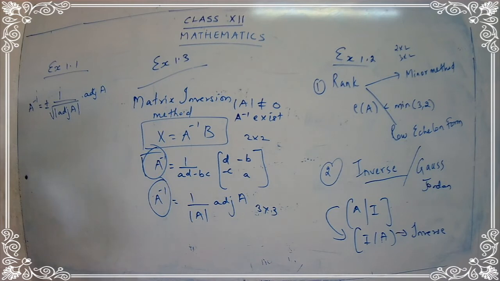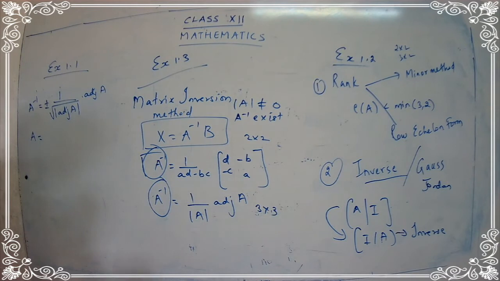Okay, tell the formula for A inverse. If adjoint A is given, the formula for A inverse is plus minus 1 upon square root of determinant of adjoint A into adjoint A. And they have given you one more formula there. What is the formula for A?